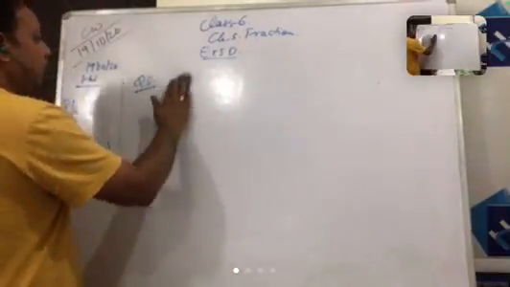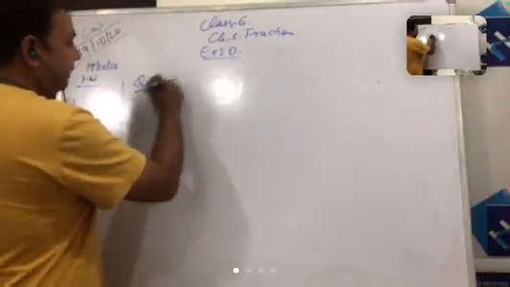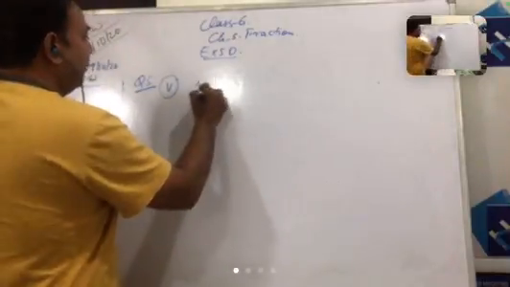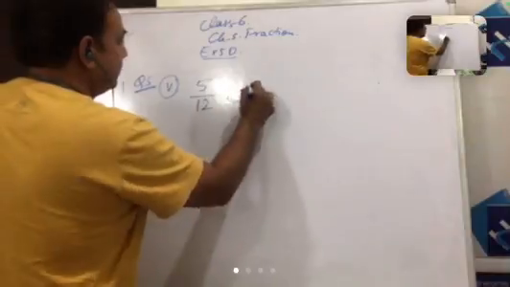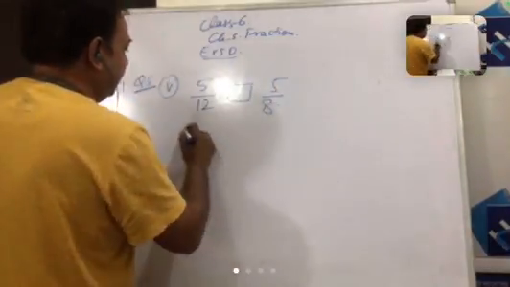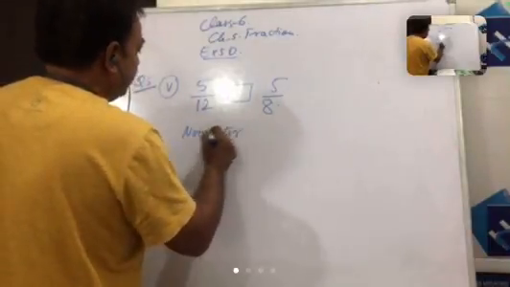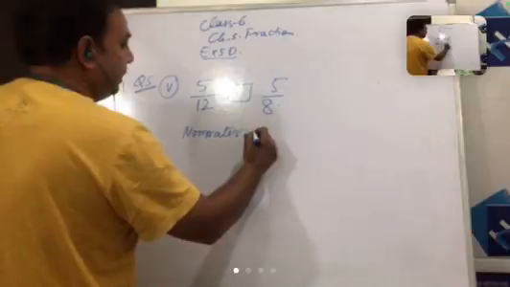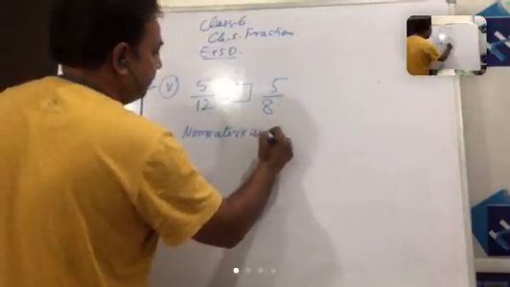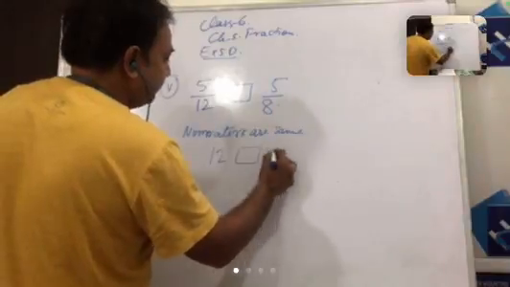Now we can do one more, then I think it must be clear. Fifth part: 5/12 compared to 5/8. The numerators are the same, so we can compare 12 and 8.